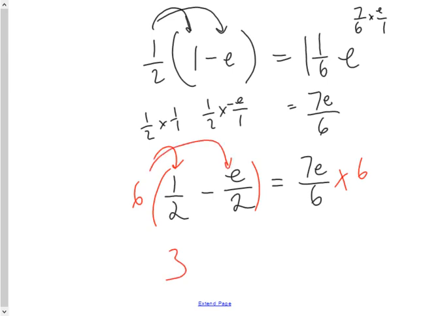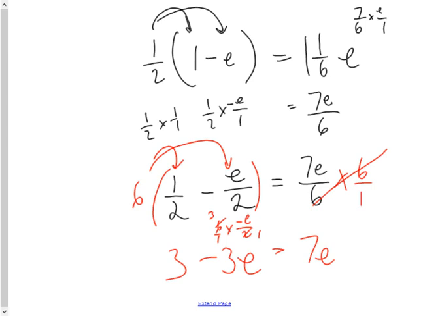6 times negative E over 2. If I cross-reduce that, I get 3 over 1. The one denominator disappears, and 3 times negative E is negative 3E. Equals, what a beautiful thing this is, 7E.